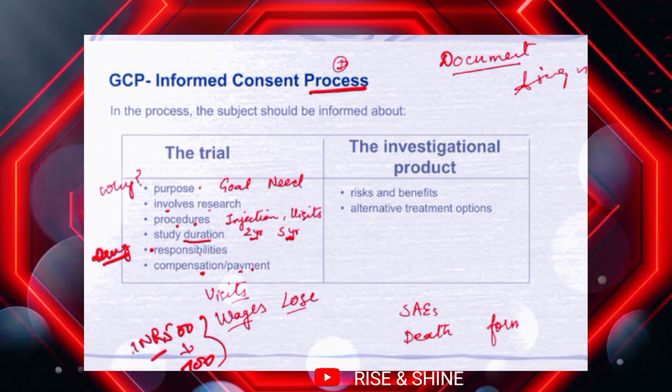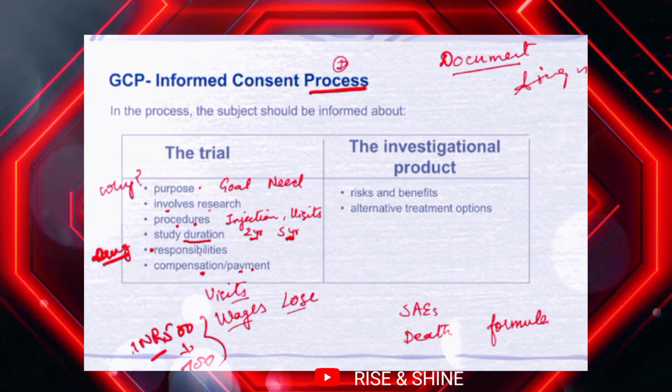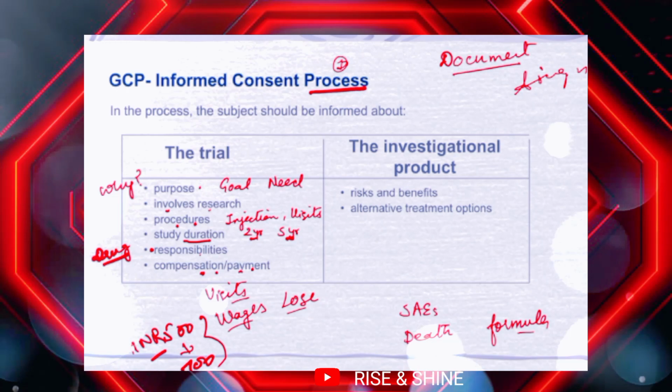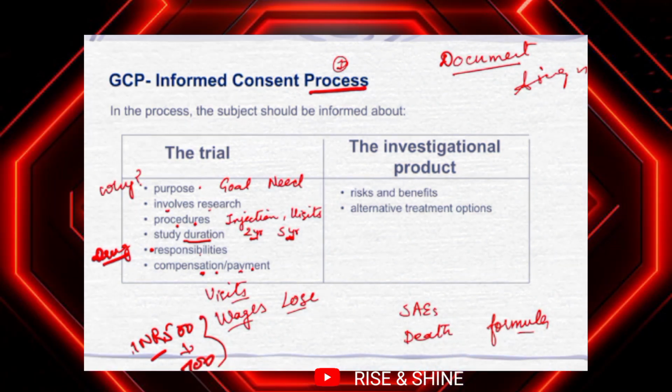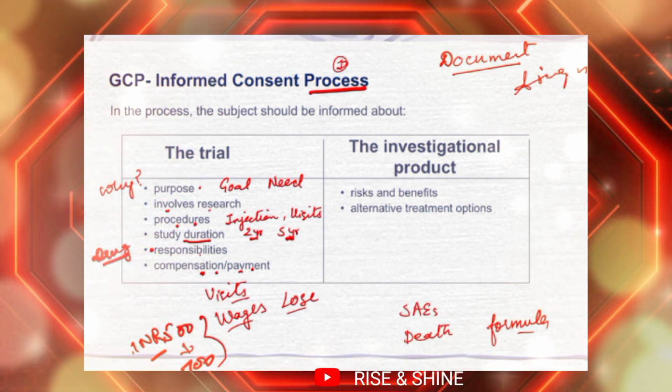That will be mentioned in the informed consent form. If there is a death or any study related AE or SAE, then compensation will be granted as per the formula given by DCGI. We have one dedicated video on how to calculate the compensation in case of death or any major incidents. But in a nutshell, this will be part of your informed consent form.